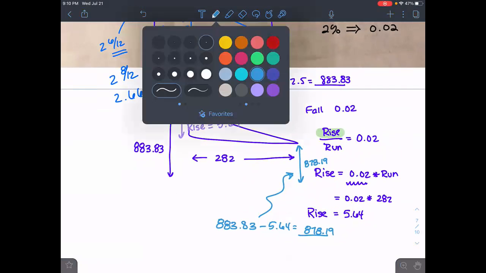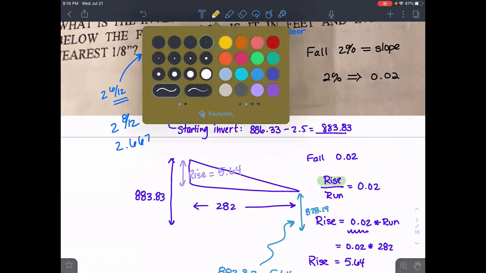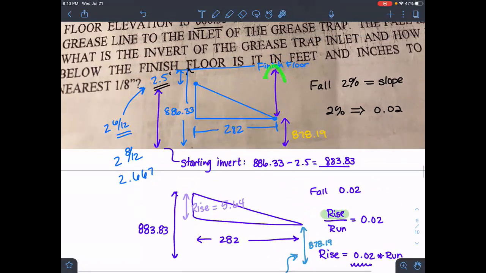Now, the last piece, I'm going to also write this number up here. What it's also asking for is this top value. So we need to know what the ground is to the finished floor, which is this number here, and we're going to take away that number that we just solved for to find the difference between the two.